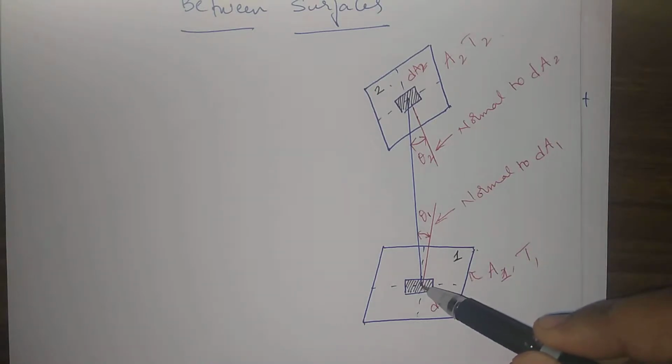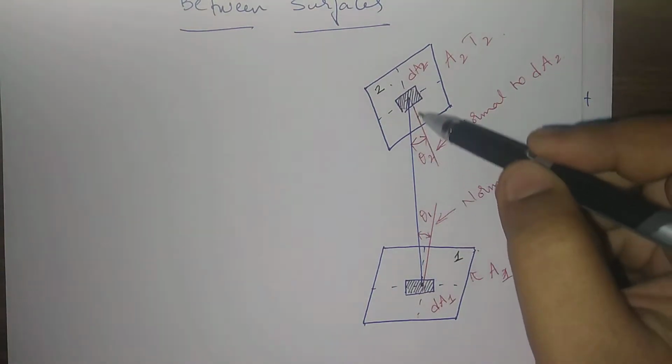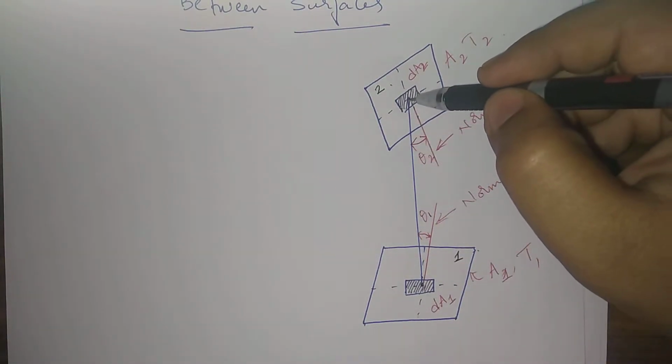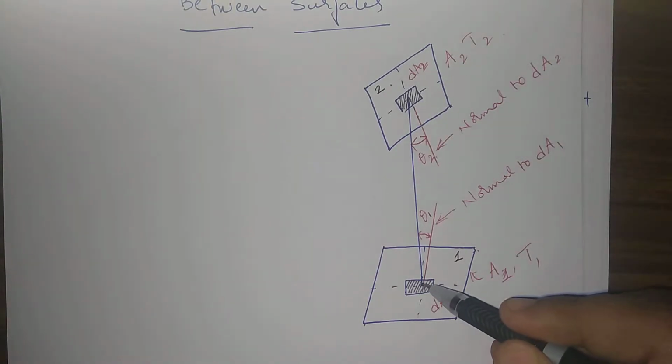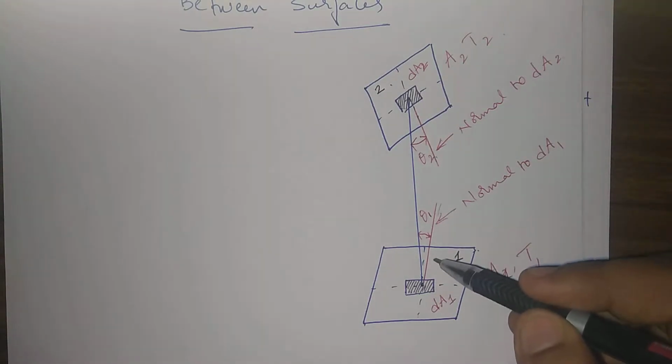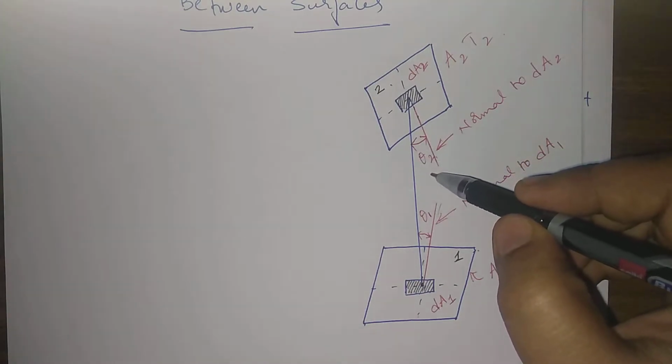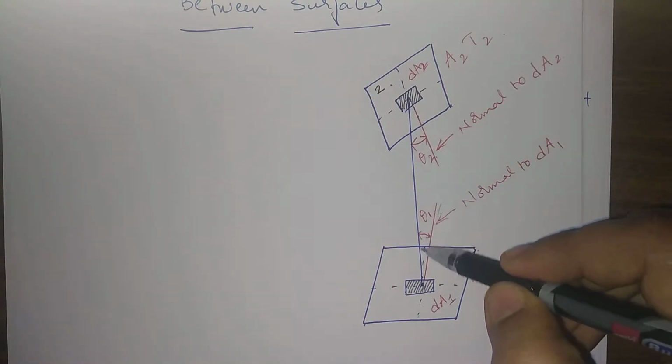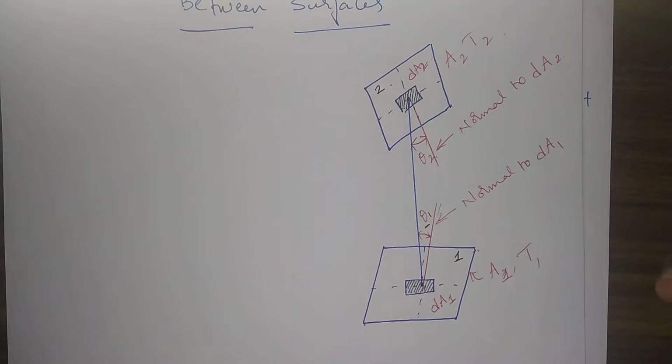Now, if you observe here, the center point of this is joined with this. So, I have joined them with a straight line, and also I have drawn the normal for these respective areas. Now that normal is, with respect to this, theta 1 for body 1 and theta 2 for body 2.